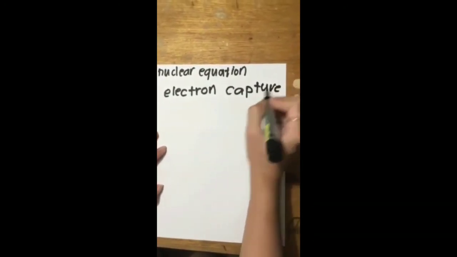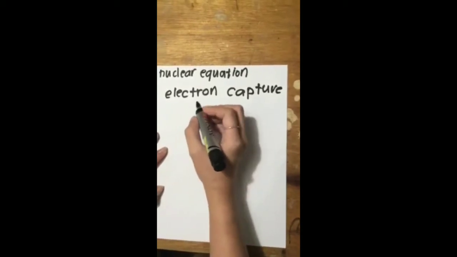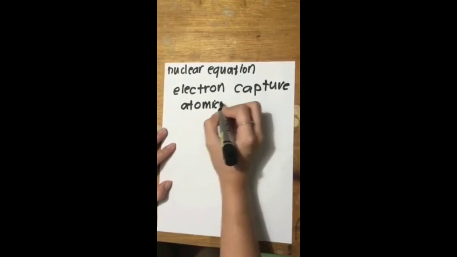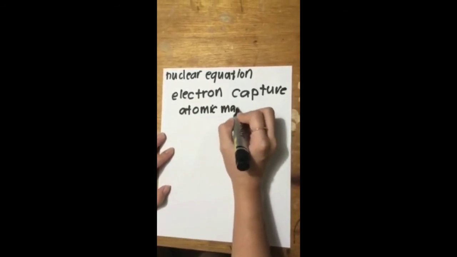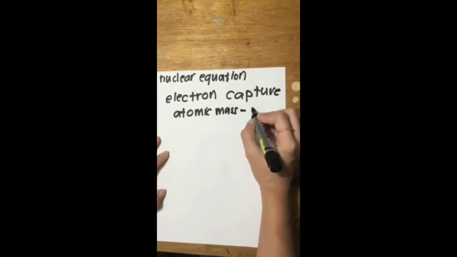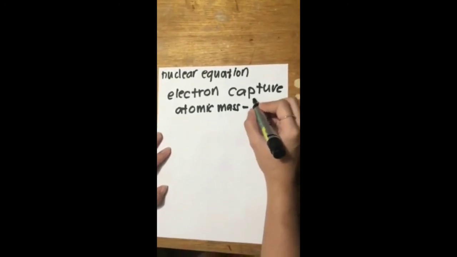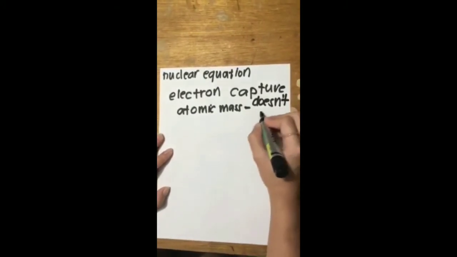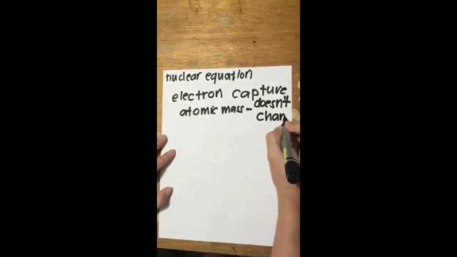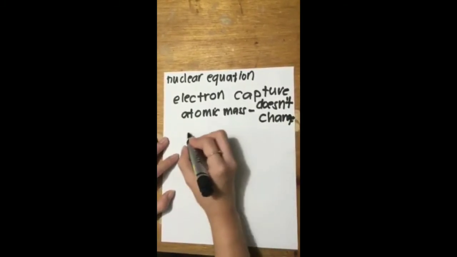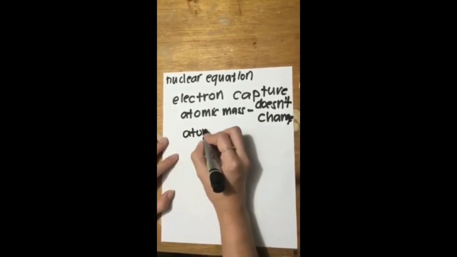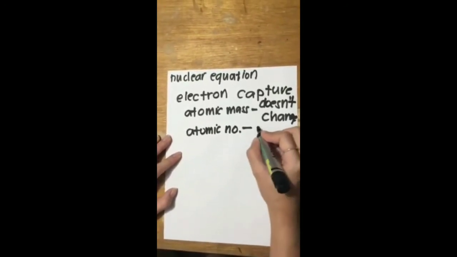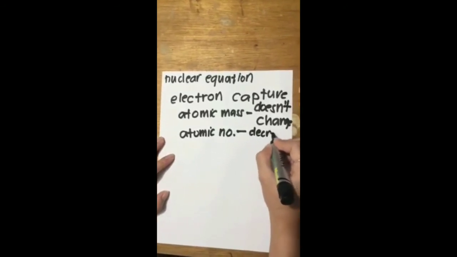So in electron capture, always remember that the atomic mass doesn't change at all, though the atomic number decreases by 1.